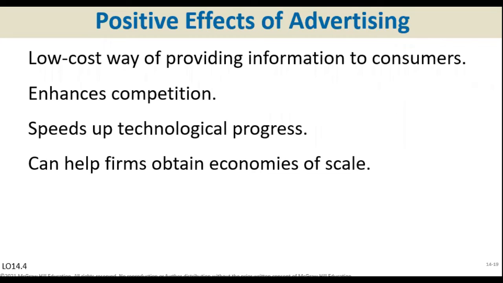Advertising also enhances competition between firms and helps in economic efficiency. It speeds up technological progress by introducing new products. Advertising can also help obtain economies of scale by reducing the long-run average cost.